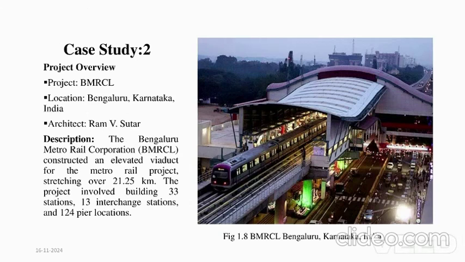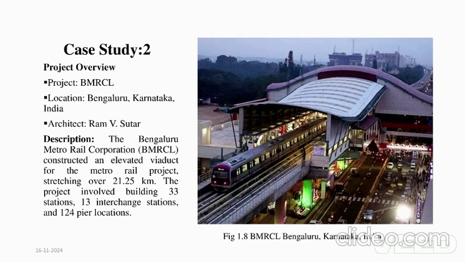The second case study is Bengaluru Metro Rail Corporation Limited, Karnataka, India. It is situated in Karnataka, India. The Bangalore Metro Rail project was designed by renowned architect Ram V. Sutar.